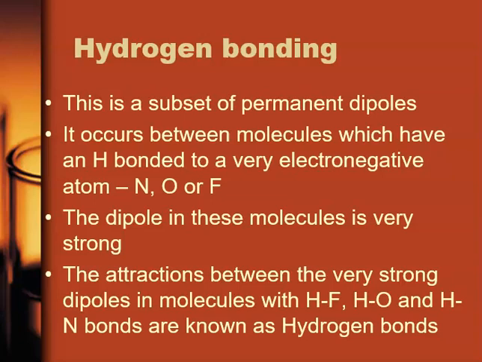Because nitrogen, oxygen, and fluorine are the three most electronegative elements on the periodic table, the bonds that they form are the most polar bonds you can get. Because they are the most polar bonds, they form the strongest intermolecular forces of attraction, which are so strong that they're actually given their own name, and that's hydrogen bonding.